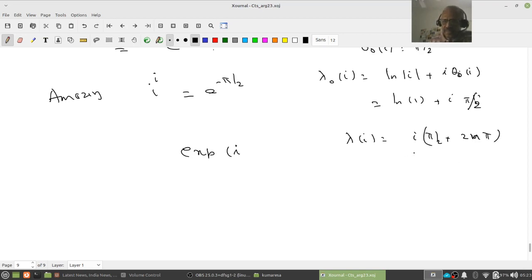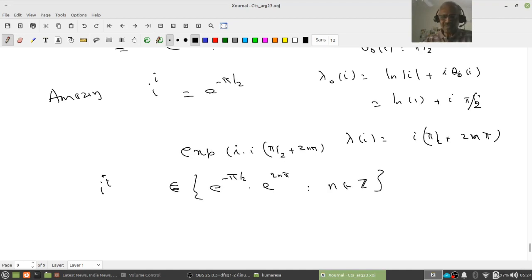Therefore I can take i out: it is i into pi by 2 plus 2n pi. Therefore it's going to be e power minus pi by 2 into e power minus 2n pi. So i power i must belong to this set as n ranges over Z. You see that all the powers i power i are real numbers.